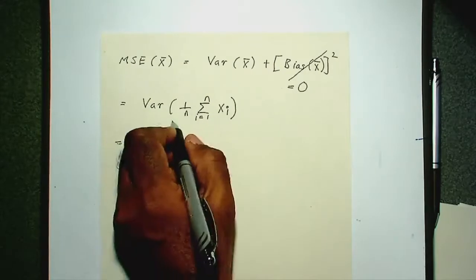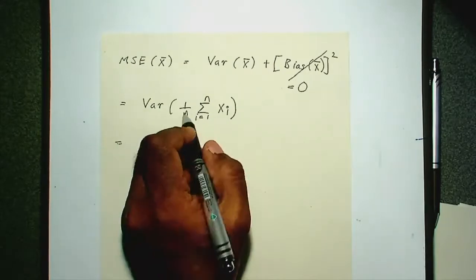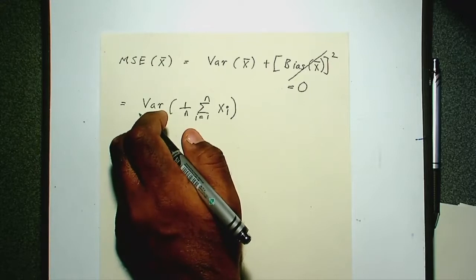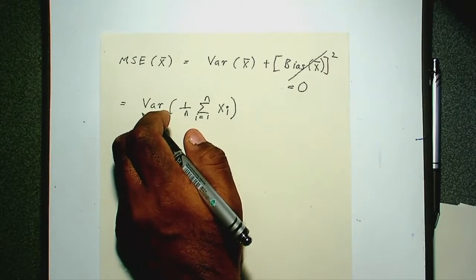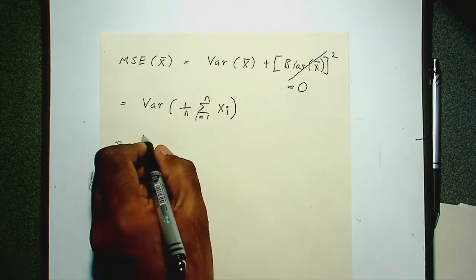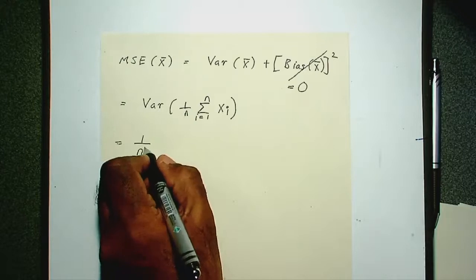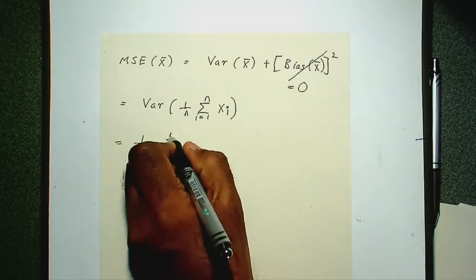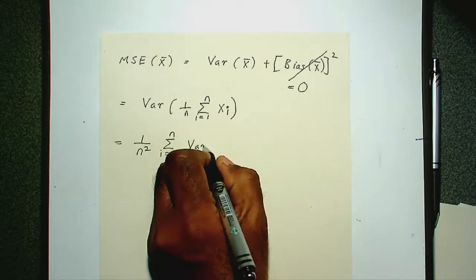Now taking the variance inside, remember 1 over n is a constant. So when you pull a constant outside the variance, what do you need to do? You need to square it, all right? So this becomes 1 over n squared times the sum of the variance of xi.